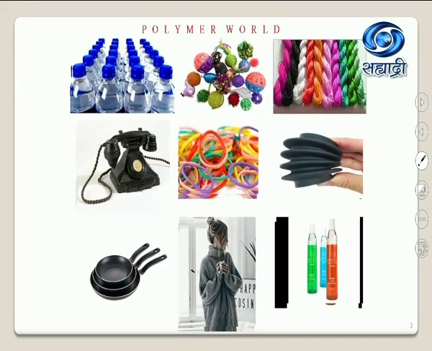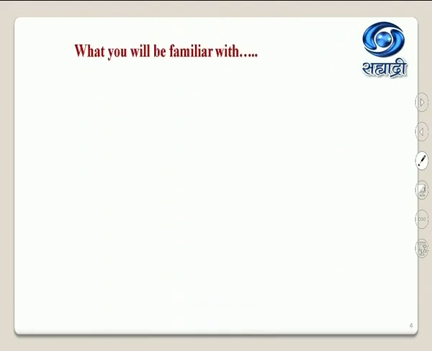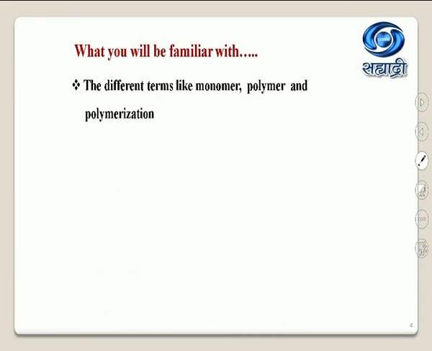Dear students, I have shown here some different things made of polymers. So drinking bottles, toys, nylon ropes, telephone material, rubber bands, cooking pans, clothes we wear, and these are the containers. In this chapter, you will study the different terms like monomer, polymer and polymerization process.